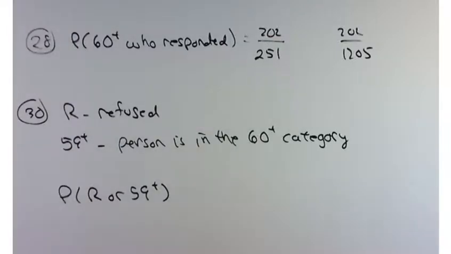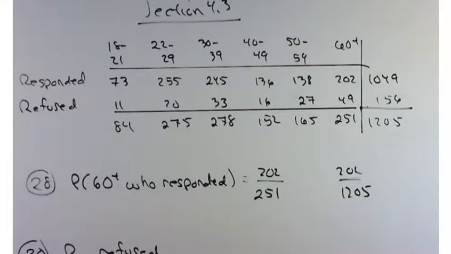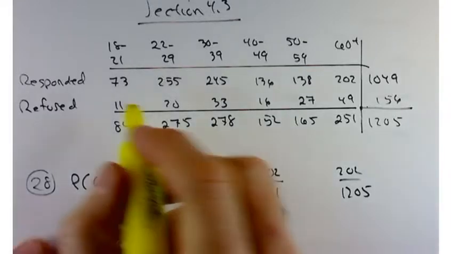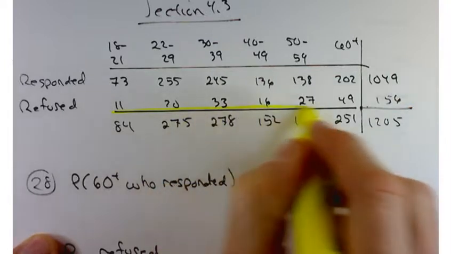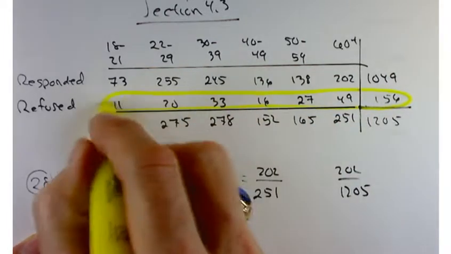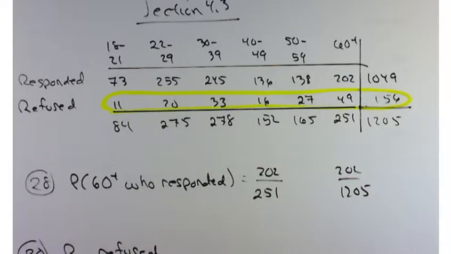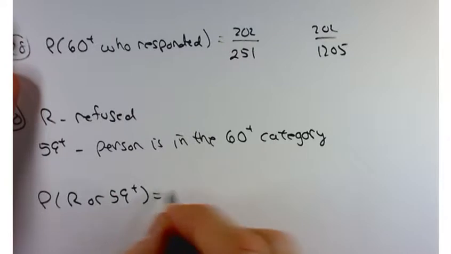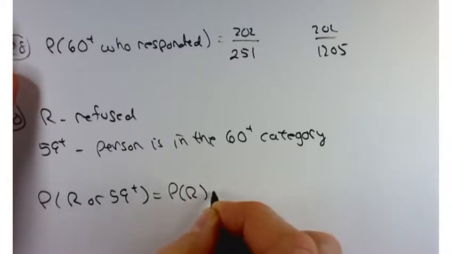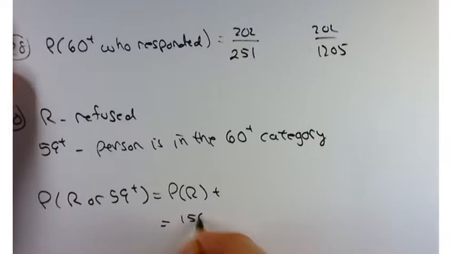So let's look at those two computations, or those two groups. The probability that they refused would be all these people. So there's 156 people that refused. So the probability of refusal is 156 over 1205.